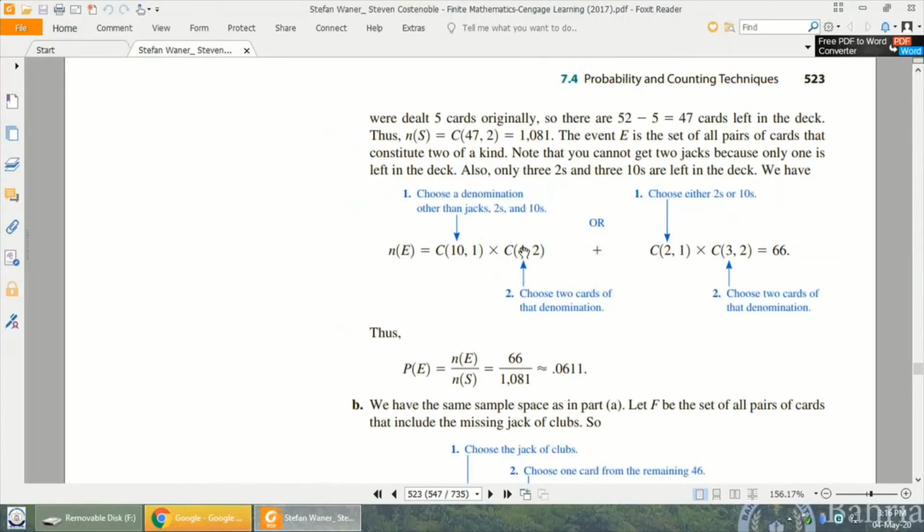So out of choosing of 4 types of suits, now you select 2 cards. That is when you don't want these jacks, 2s and 10s. Or you would want out of that either 2s or 10s. Okay, so now you have, there is a possibility that either you choose 2s or 10s.